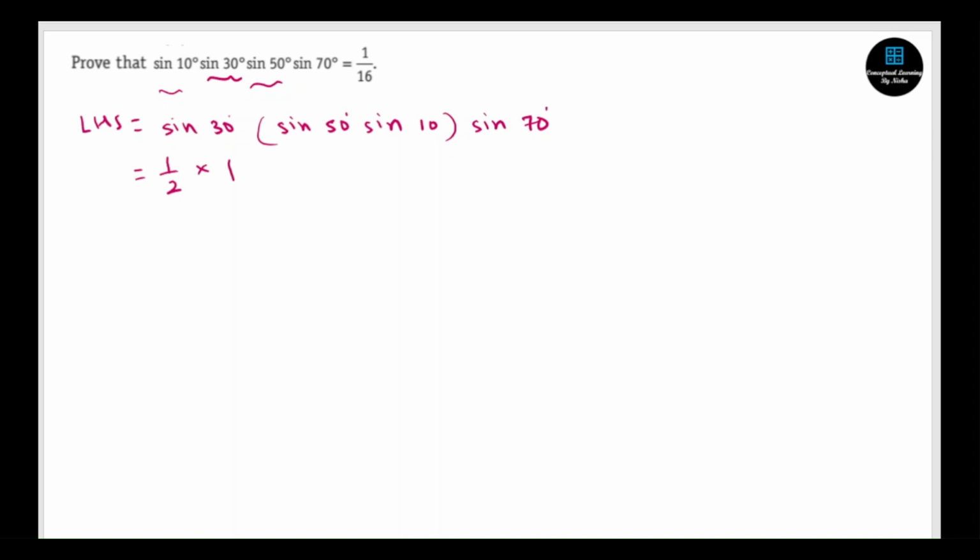Now to make an adjustment, I'll make this as 2 sin 50 degree, sin 10 degree and sin 70, right?